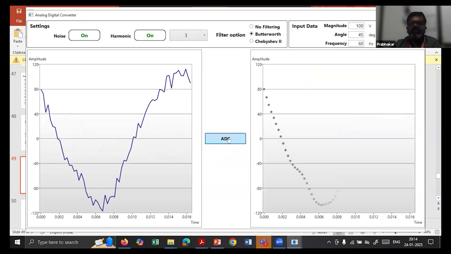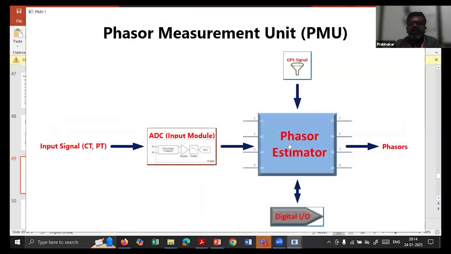Then this can be converted into digital. You can see the GPS signals also.